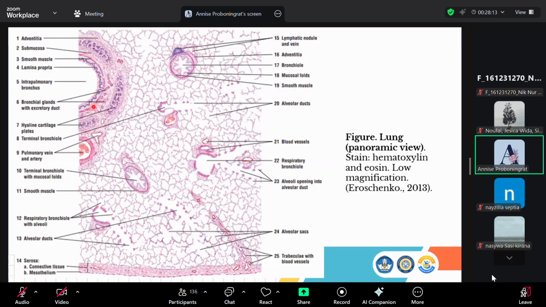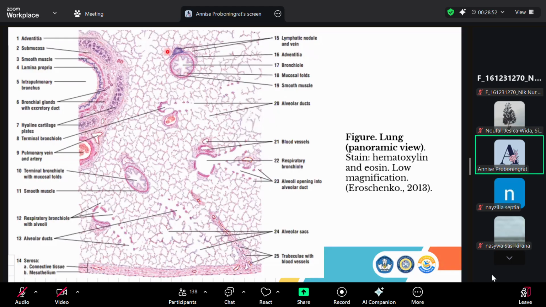The intrapulmonary bronchus is lined by the epithelial mucosa, and then the lamina propria, smooth muscle, submucosa, and then the adventitia, and there are cartilage plates here, and the blood vessels, the pulmonary artery, the pulmonary vein, and then the parenchyma of the lung that consists of numerous alveoli.